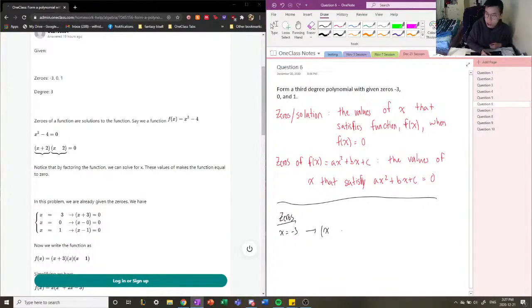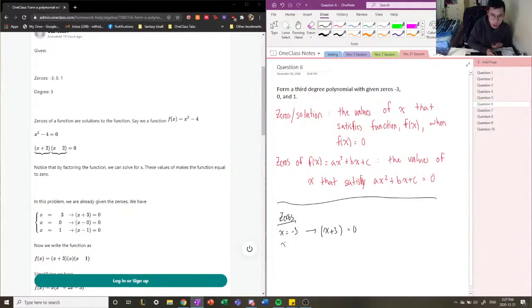So if x equals -3, and we add 3 to both sides, we get x plus 3 equal to 0. So we have found our first factor, x plus 3.